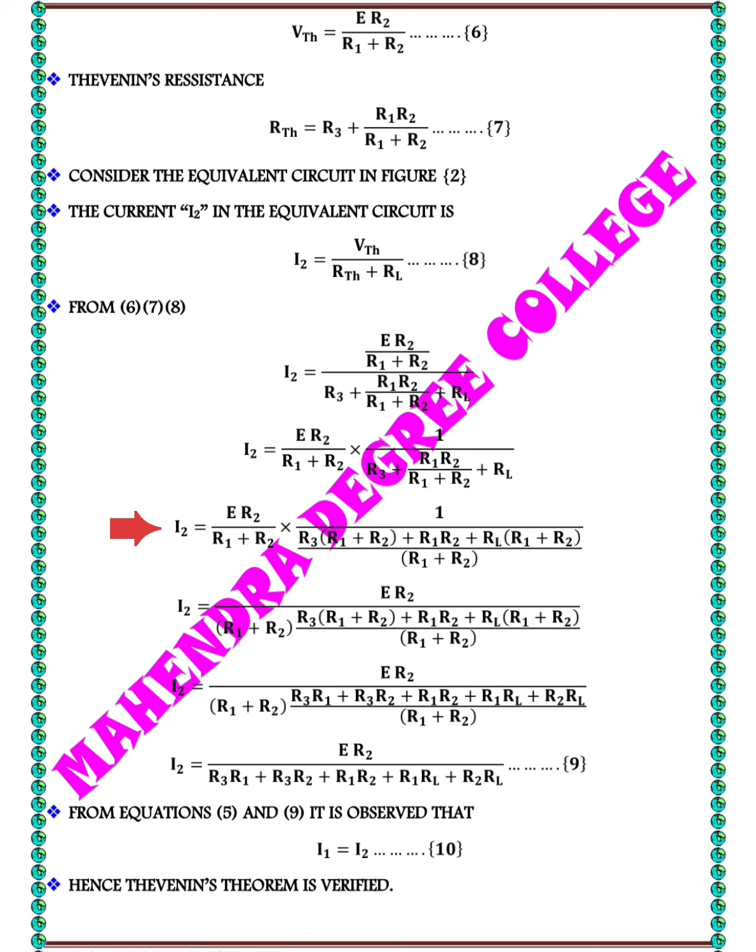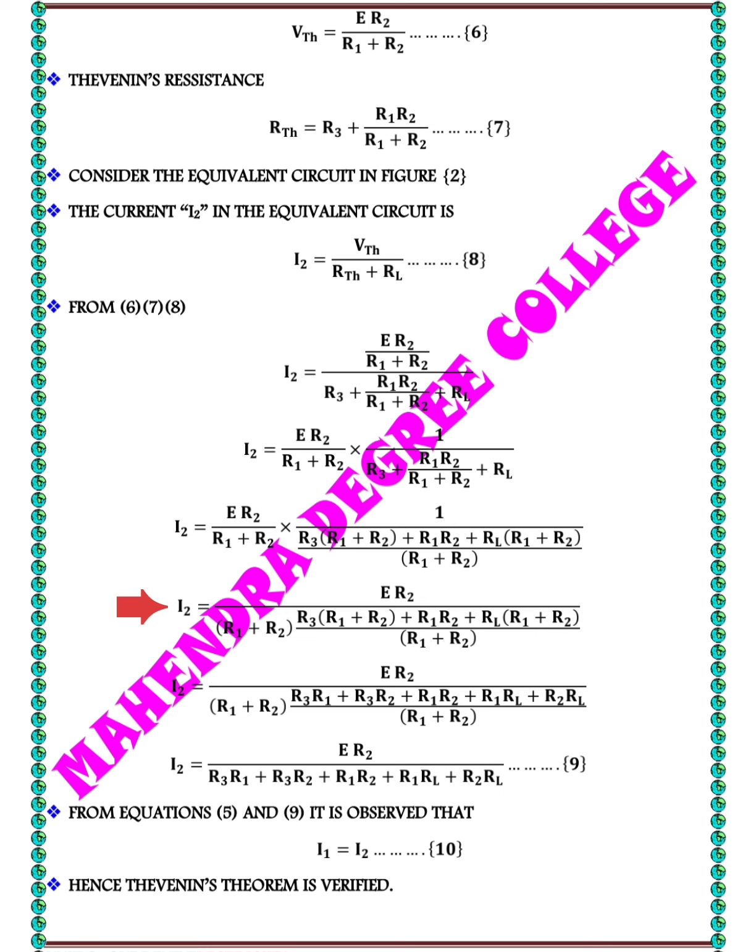Bringing everything to a single denominator for simplification. The above equation is multiplied by the numerator and denominator terms.